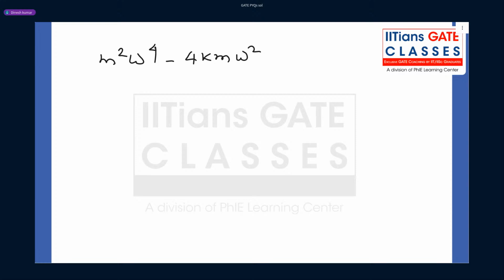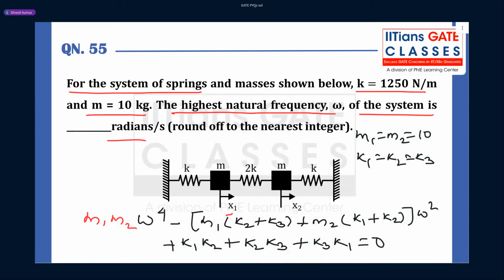So it is better to use a denominator also. Sometimes they may not give the answer which is done without using the denominator. Okay, so then it will be plus 3k square equal to 0. Now substitute everything. What is the mass? Mass is 10.